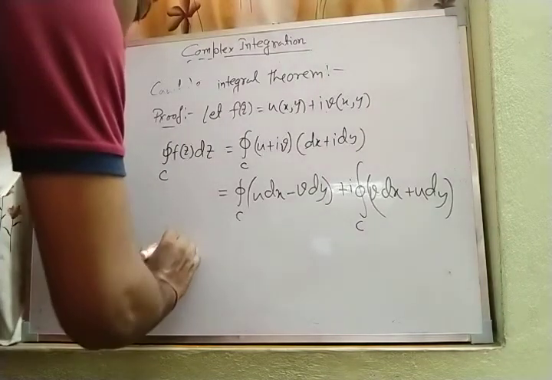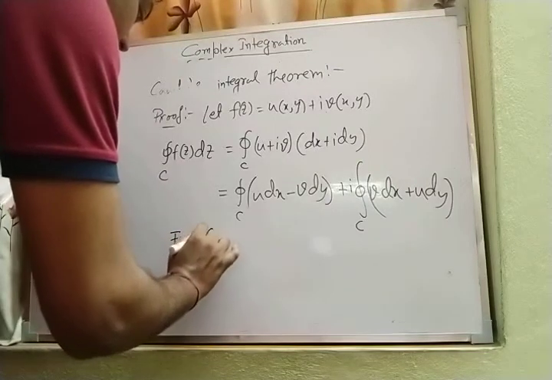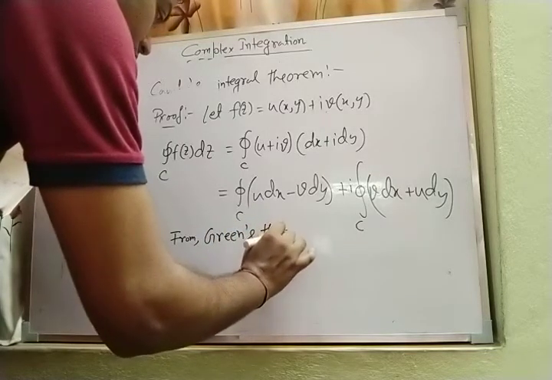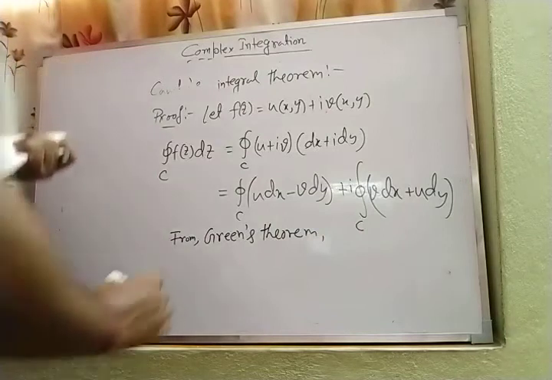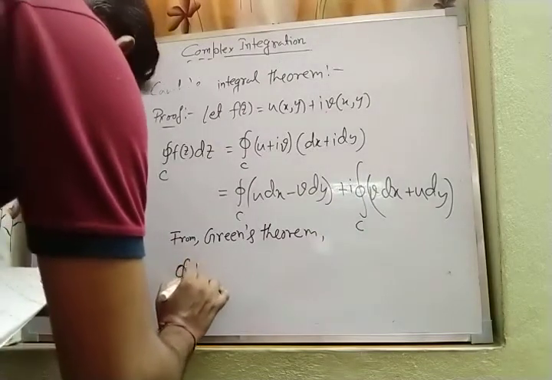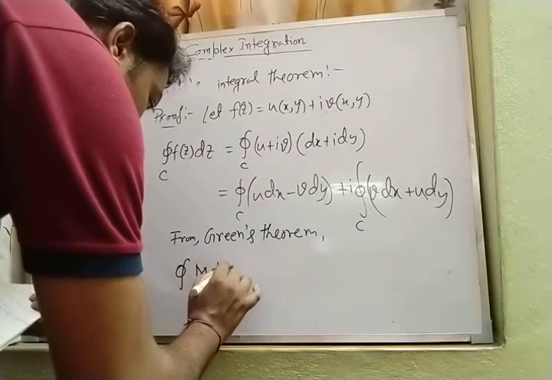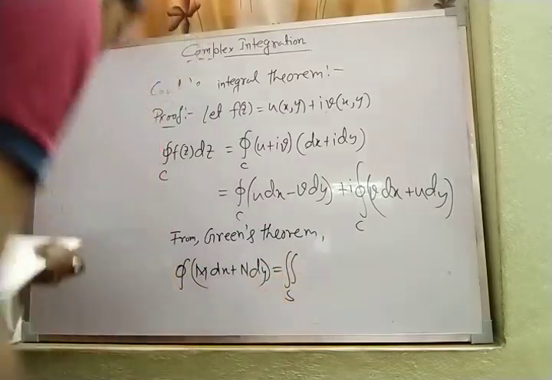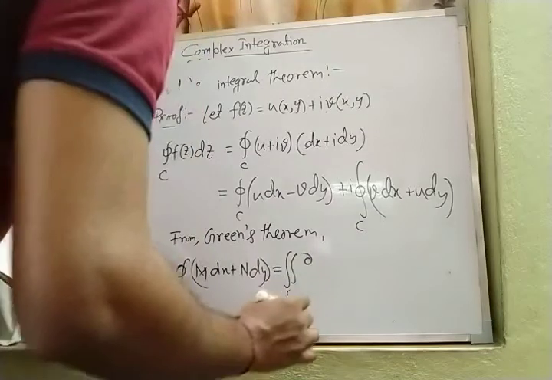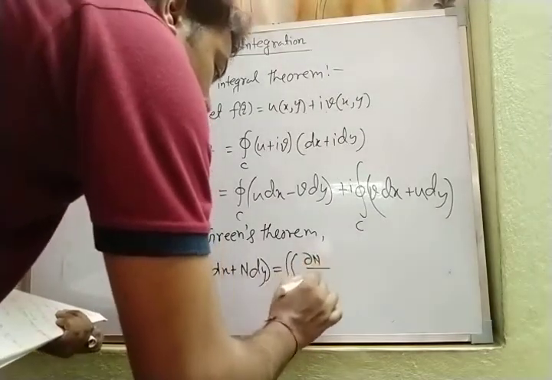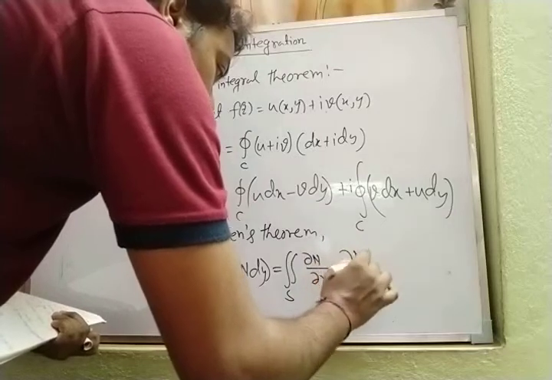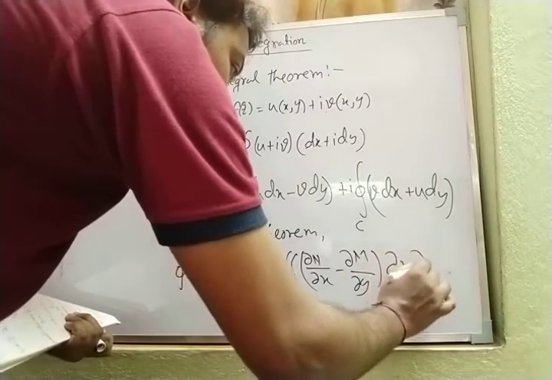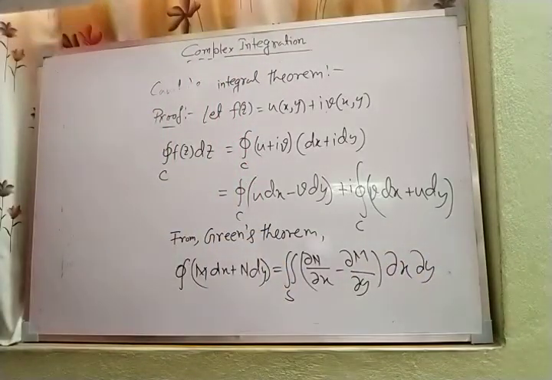Now from Green's theorem, we know that closed integration of M dx plus N dy equals the surface integration of delta N by delta x minus delta M by delta y dx dy. Okay.